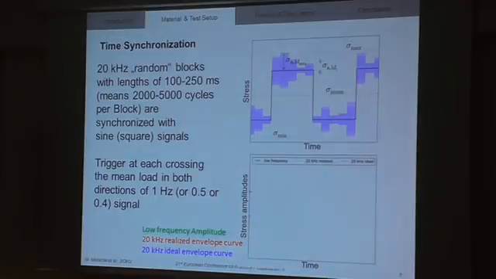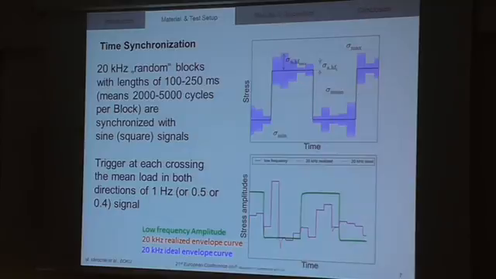One of the problems was the time synchronization. This is a schematic diagram of the signal. In blue are the ultrasonic random pulses, or blocks, four blocks for one half period, and in black is the amplitude of the low frequency system, and the low frequency system always passes through sigma mean.